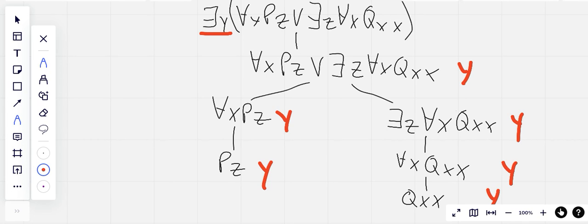Here we did a disjunction, and that's not quantifying a variable, so we don't look at that one really. Here we did remove this for all x, and that means that every child of it has x in scope. So just looking beneath that quantifier, everywhere beneath it has x in scope. Finally, we go over to the right-hand side. We have this exists z quantifier, which means that we can then continue down and check z is in scope here, and all the way at the bottom, z is in scope here.